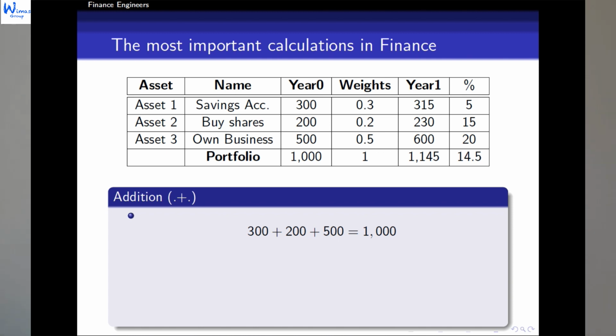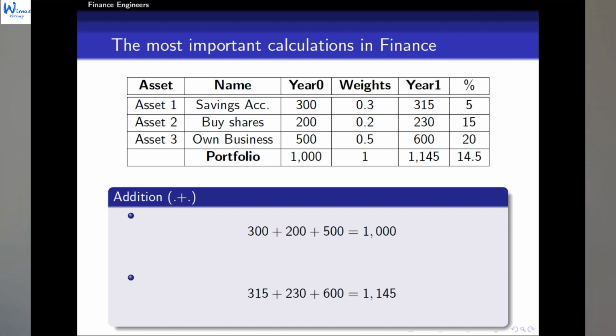At the end of 1 year, we remember that our three assets made profits, and for the first asset we obtained 315, plus 230 for the second asset, and 600 for the third asset, which made our portfolio a total of 1,145 from the initial worth invested, which was 1,000.